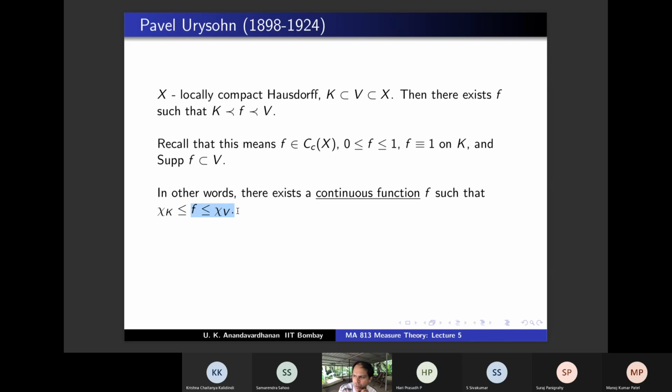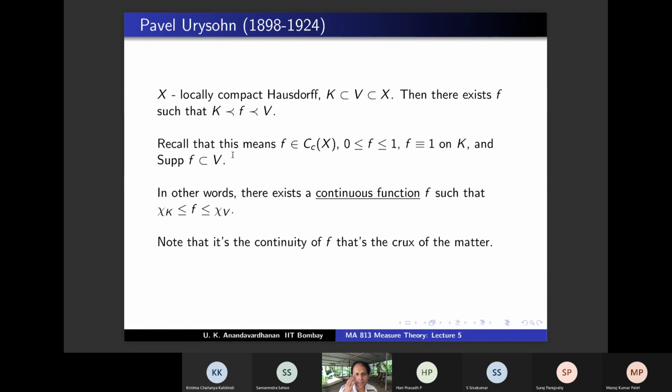So I should say there is a continuous function of compact support between this, because what will happen is on K it is 1, so I know that support contains K and support is contained in V, but why should that set be compact? Yeah, maybe I have to add that. I will think about it.